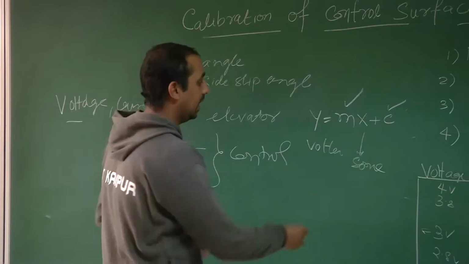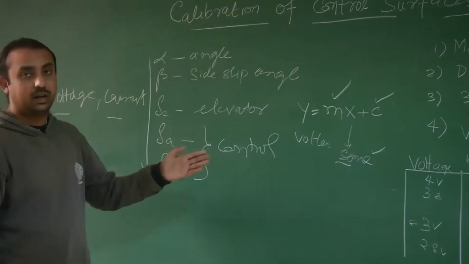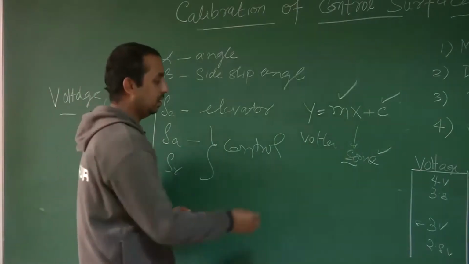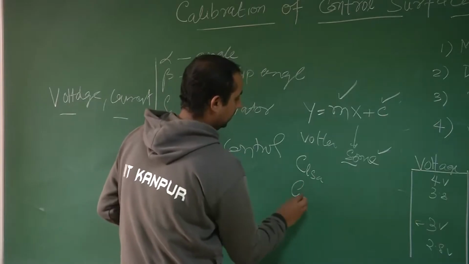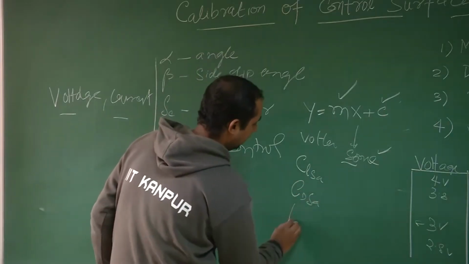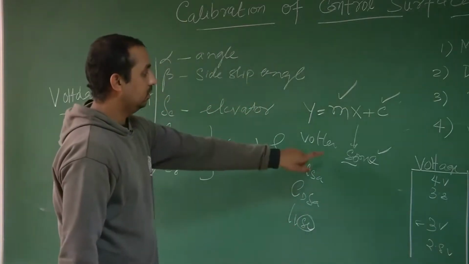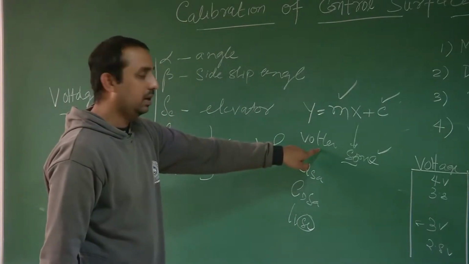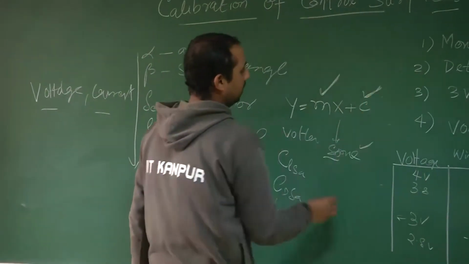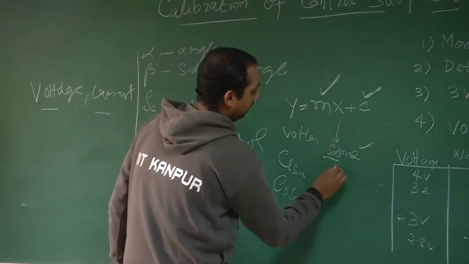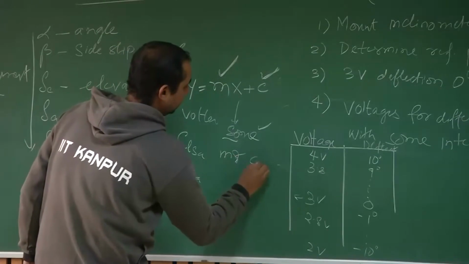For some deflection, that deflection you want to know, because as you know, in the aerodynamics of an aircraft, you require different parameters. What will be CL delta A, what will be CD delta A, or CL delta E. That means you require a relation for delta E. So you will be getting only voltages, and since you know the relation, what is M and what is C, you can determine your deflection using these M and C values.